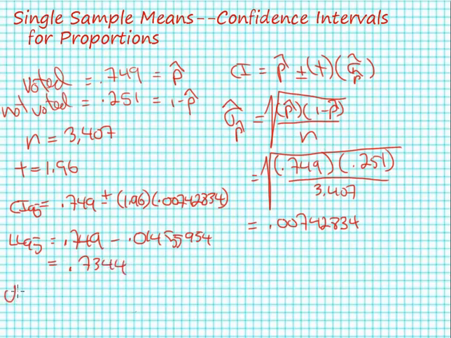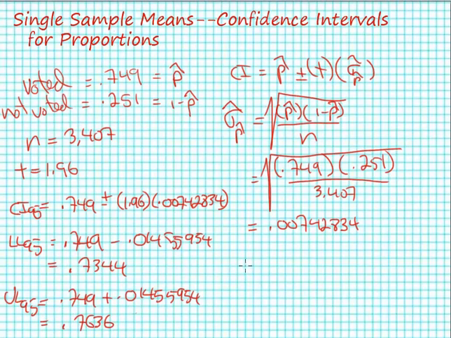My upper limit is equal to 0.749, my p hat, plus 0.014555954, and that's equal to 0.7636. So now I can write that my 95% confidence interval extends from approximately 73.4% to approximately 76.4%.